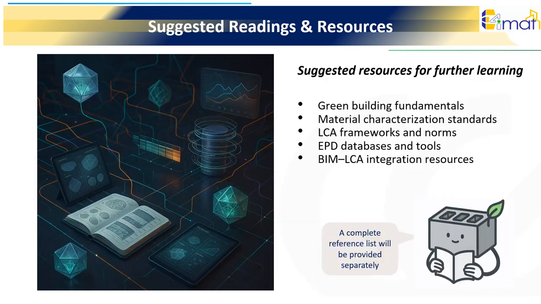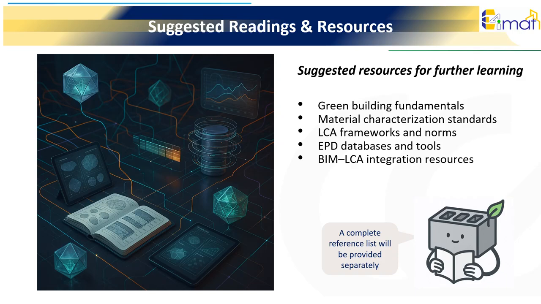To continue expanding your understanding of digital modeling of construction materials, several types of resources may be useful. Publications from the World Green Building Council, Global ABC, and IPCC offer a clear view of the sustainability landscape and help contextualize the role of material impacts.